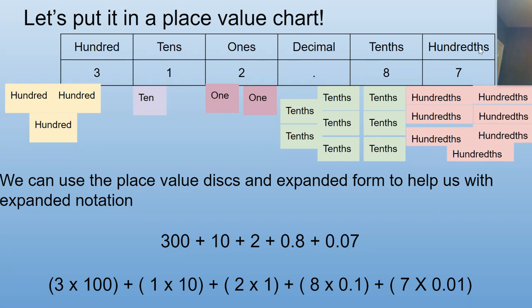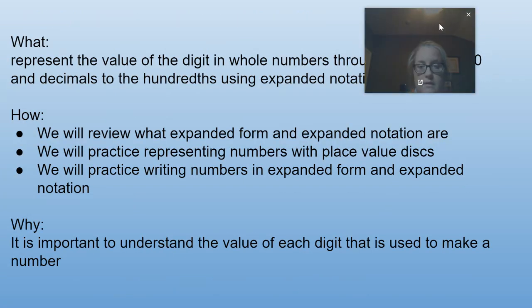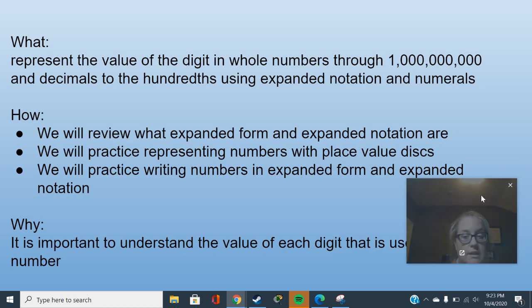Now it's going to be your turn. So in a minute, you're going to look at what I'd like you to do. Before we do that, let's review what we actually did today. So today we represented the value of the digit in whole numbers through the billions place and decimals to the hundredths using expanded notation and numerals.